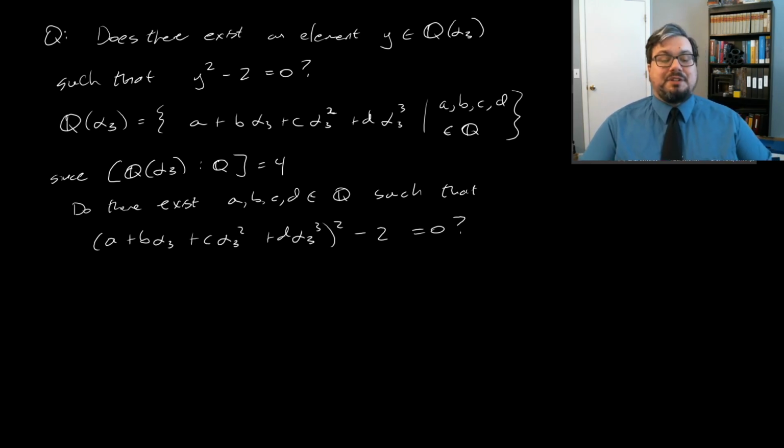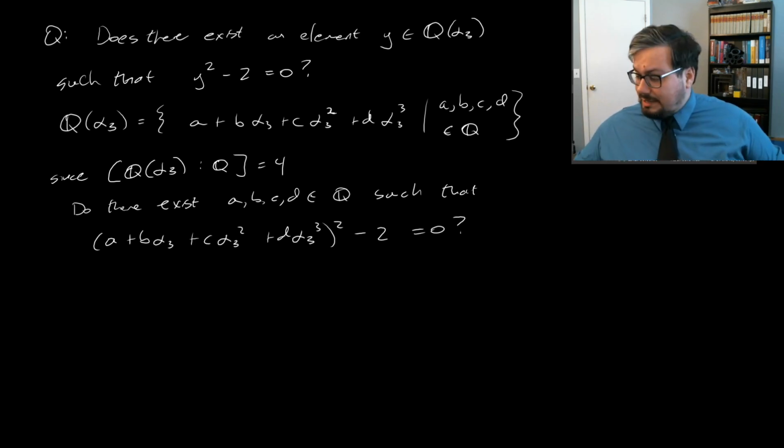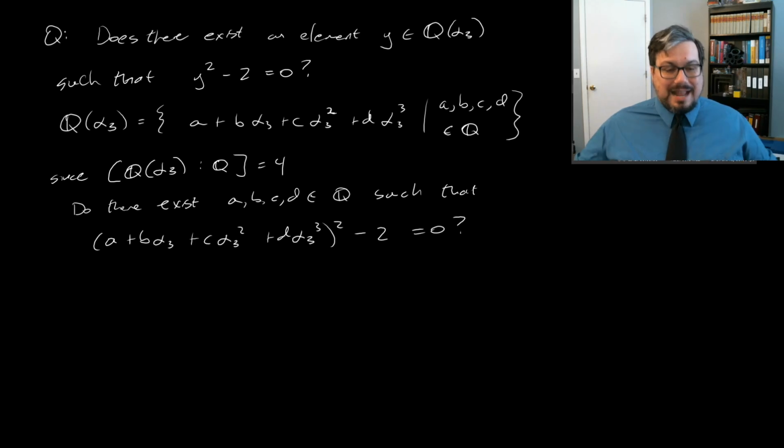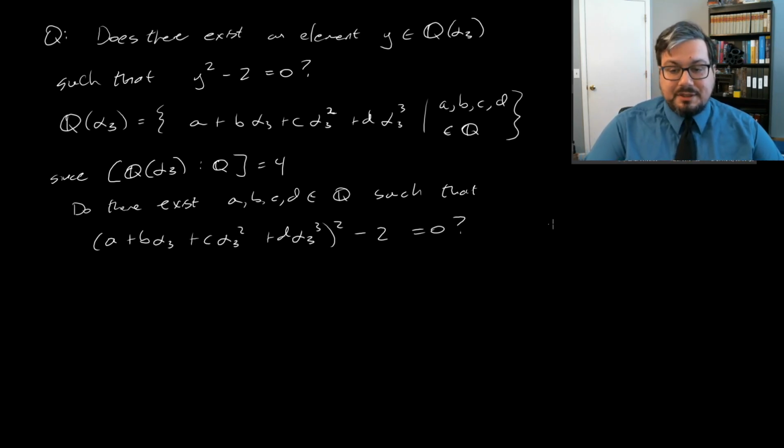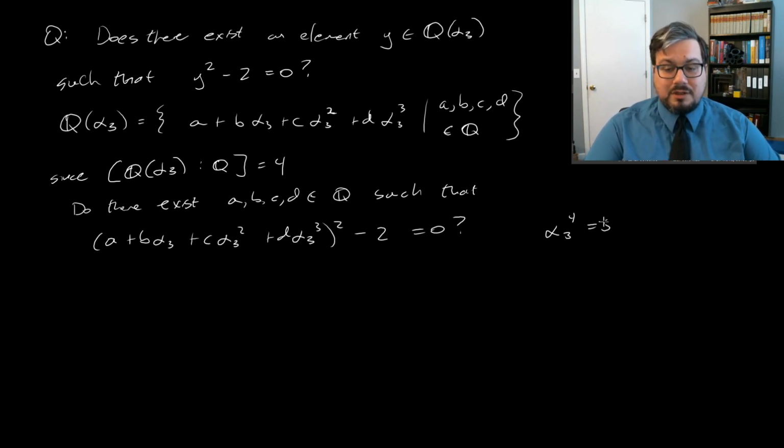And here's where the computation comes in, because what we're going to do now is expand this and then start combining things together, using the fact that every time we have alpha 3 to the 4th, we can replace that with 5. And so the first step here, let me write it actually going the other direction.